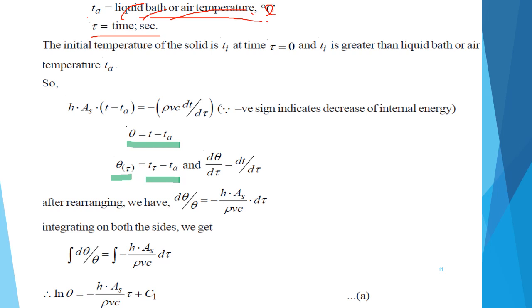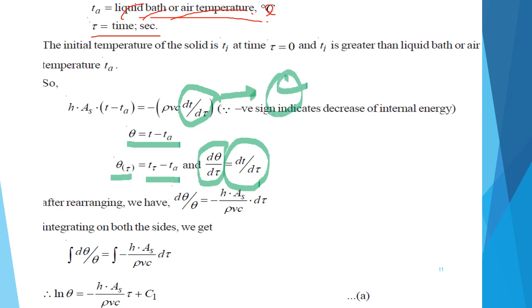So if I go for d theta by d tau, that is, the temperature excess differentiated with time, we will get dT by d tau, because we want to put the value of dT by d tau in terms of theta, that is the temperature excess.